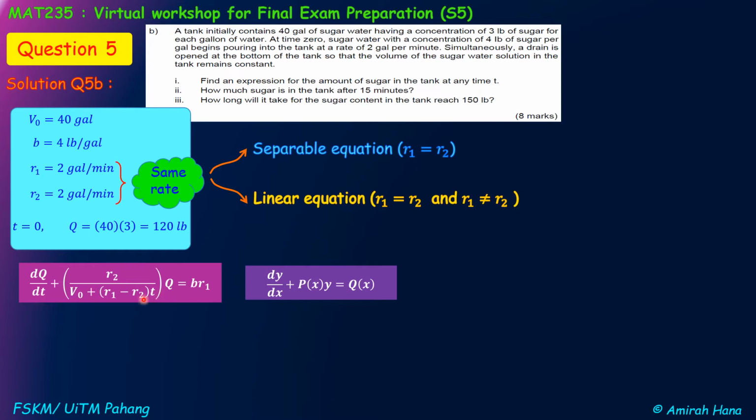So we substitute this information into the formula. We have dQ over dt equals, replacing R2 equals 2, over V naught equals 40, plus R1 equals 2 minus R2 equals 2, times t, close bracket, Q equals B equals 4, times R1 equals 2.